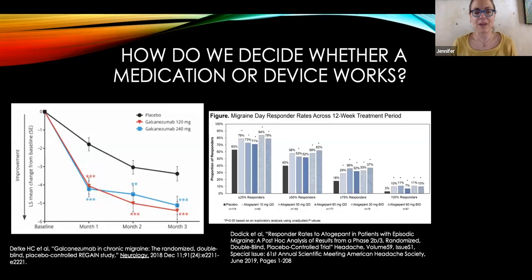Okay, and then in terms of deciding whether something actually works, what I usually explain to my patients is that we're averaging together all those people with all those different genetic differences into the same pool when we do a big clinical trial. So pictured on the left is one of the clinical trials that was done in adults for one of the CGRP antibodies, galcanezumab.